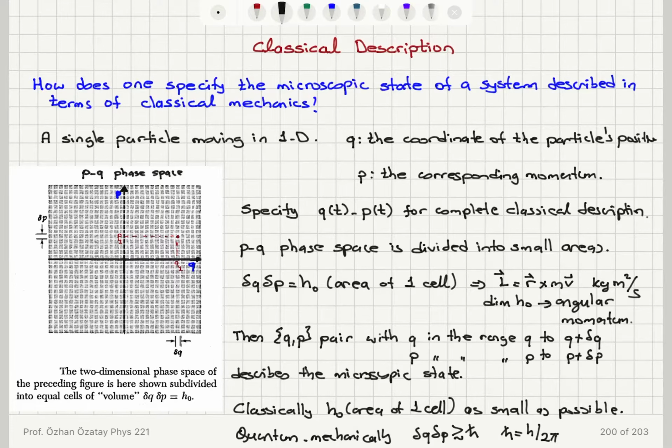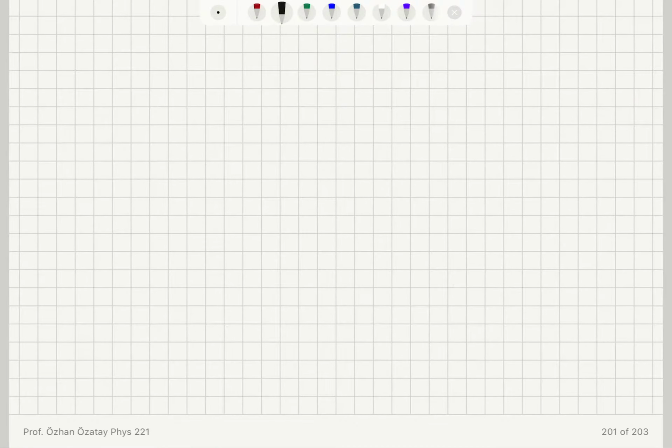Now let's generalize this to more than one degree of one-dimension motion. So let's talk about a generalization of this idea here. Now I have an arbitrarily complex system.